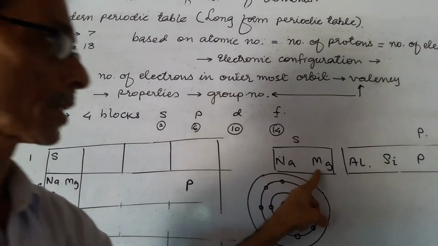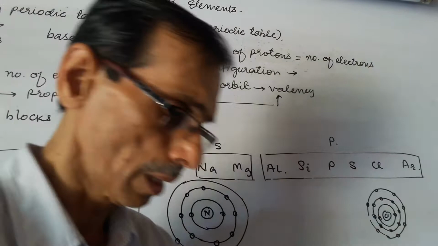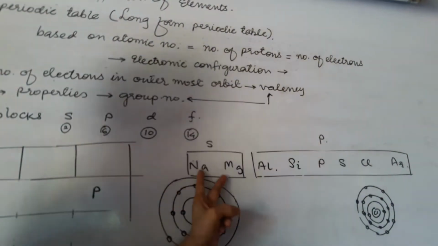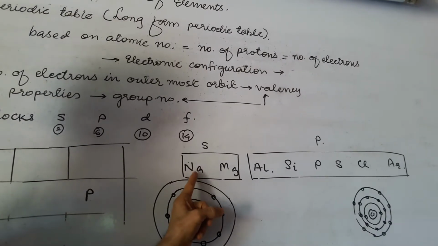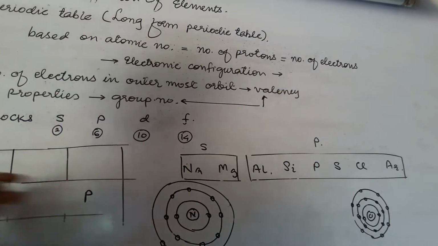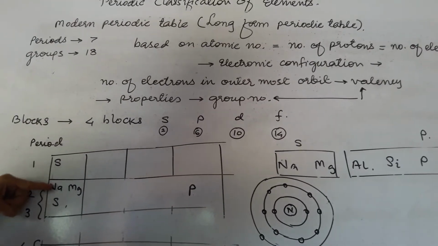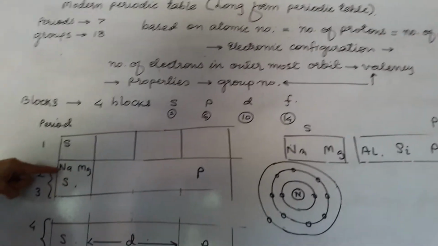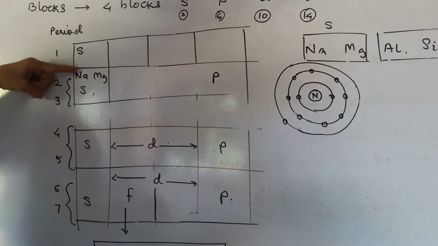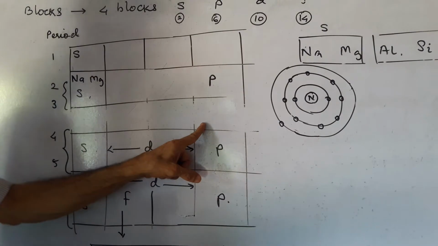If we take the third period, the elements are sodium, magnesium, aluminum, silicon, phosphorus, sulfur, chlorine, and argon. Here in the third period, the first 2 elements, sodium and magnesium, come in the S block. Of this, sodium is the first. All the elements below sodium are called alkali metals, and I explained these last time. Why alkali metals? Because they form alkalis when they combine with non-metals.